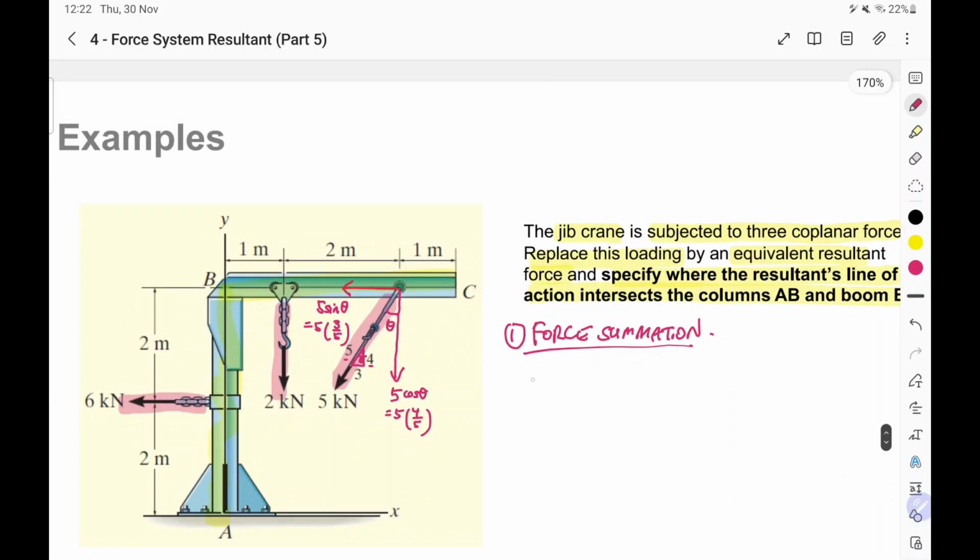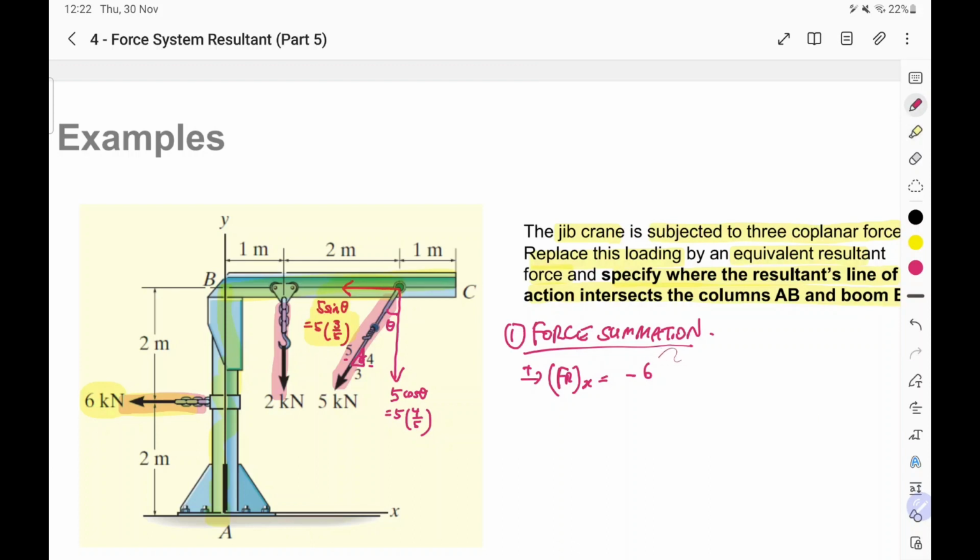So let's start with the x direction. Assuming the rightward direction as positive, let's calculate the resultant force in the x direction. So look at what is there in the x direction. We have this 6 kilonewton pointed to the left. So in our equation it becomes -6. And then what else? We have this 5 sin theta pointed to the left as well.